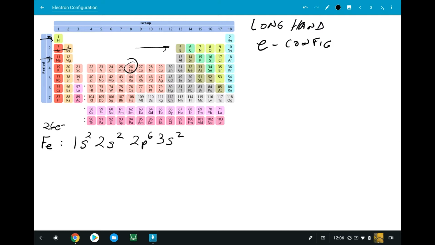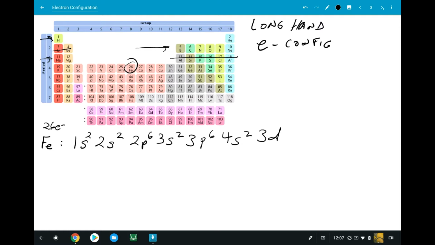So hopefully you're beginning to see a slight pattern. There's an arrangement, a flow to this. So now I'm in the 3p. I'm going to be going right through that whole row, so 3p6. Now I'm in the 4s and 4s2. And now I'm in the 3d block, so 3d.